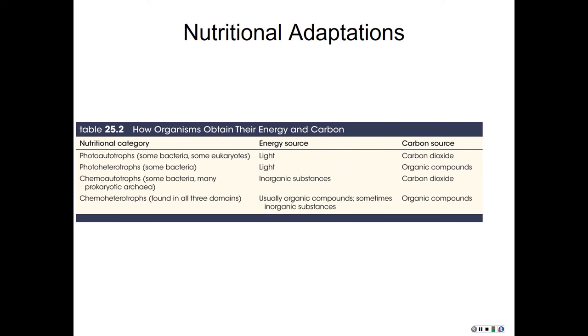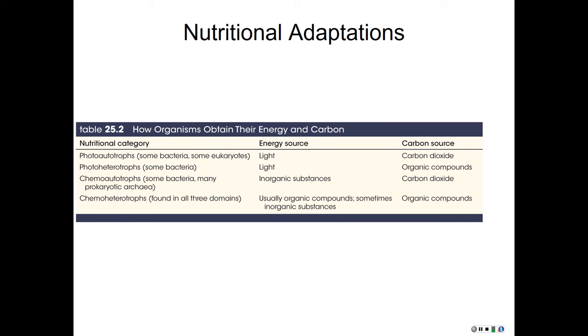Every possible method of nutrition is present in prokaryotes, and not only that, but two of the four possible nutritional categories, the photoheterotroph, I'm going to use a different color here, the photoheterotroph and the chemoautotroph, are only occupied by prokaryotes.